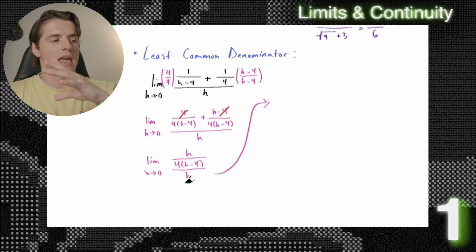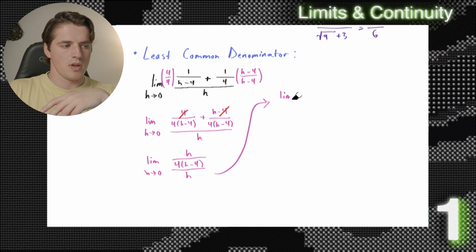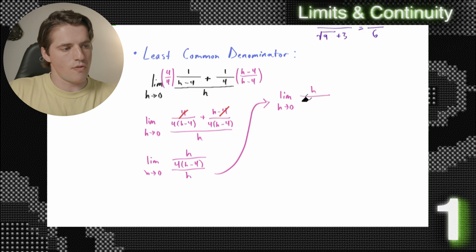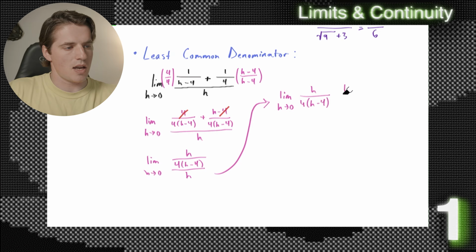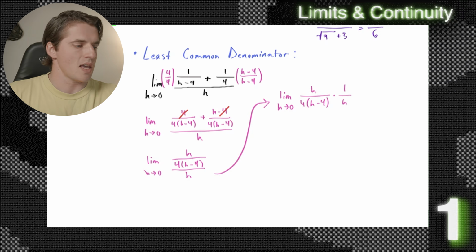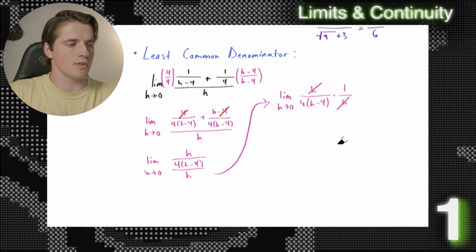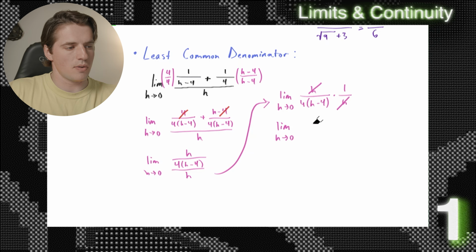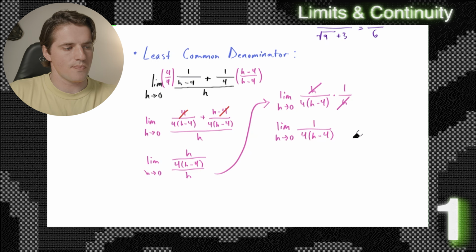But since we're dividing by h over 1, we can multiply by the reciprocal. The limit as h goes to 0 of h over 4h minus 4 times 1 over h. And you'll see again, our h's will cancel. Okay, so we have the limit as h goes to 0 of 1 over 4h minus 4.